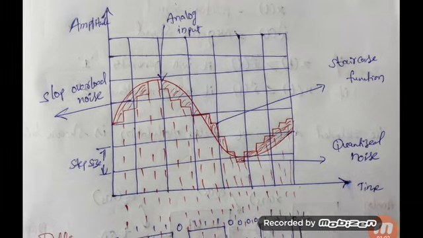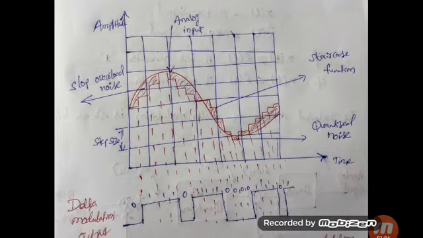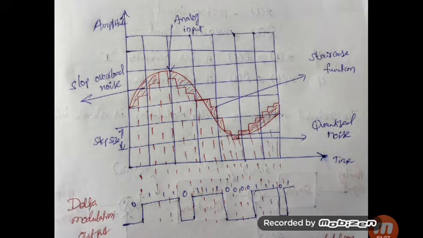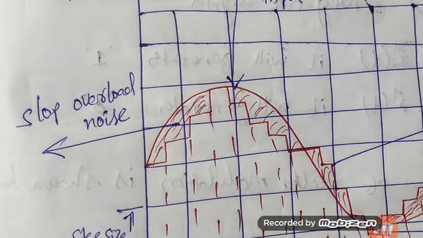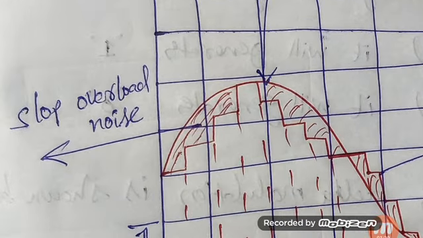This is the output wave diagram of delta modulation. In delta modulation we clearly observe the slope overload noise.